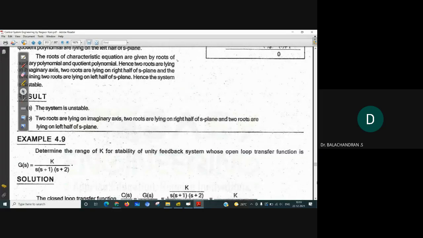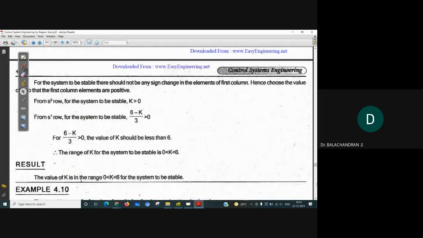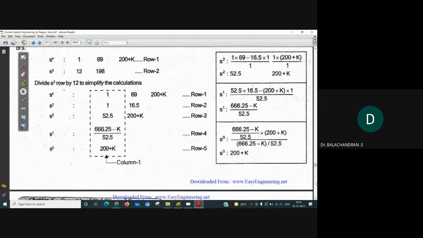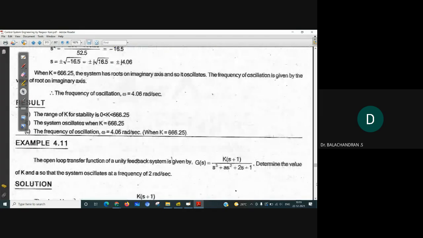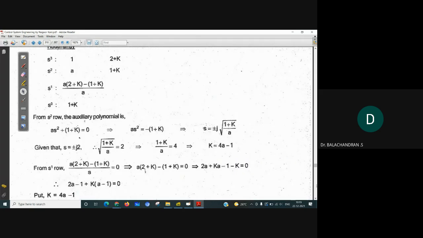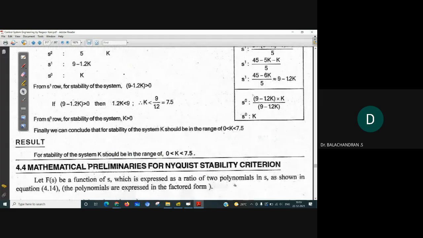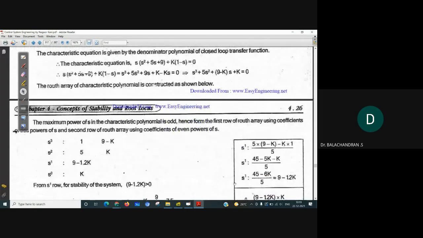I'm not going deeper. Those who are interested, please go through this book, only the 4th chapter, pages 4.1 to 4.26. So 25, 26 pages. I will send it through WhatsApp.